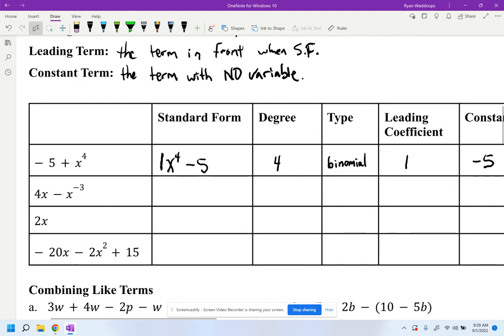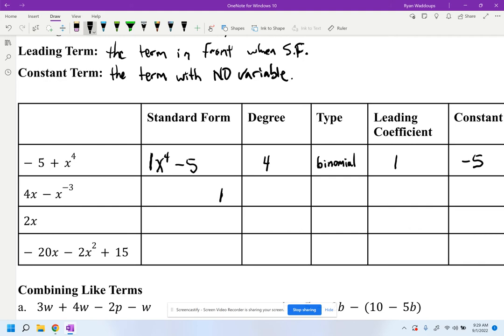All right, let's get another one. 4x minus x to the negative 3. I'm going to say, hey, this is not a polynomial, because of that negative exponent. So we're just going to skip that.